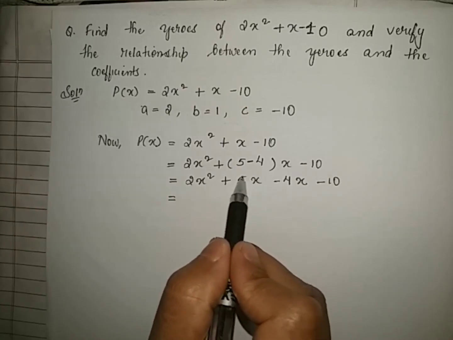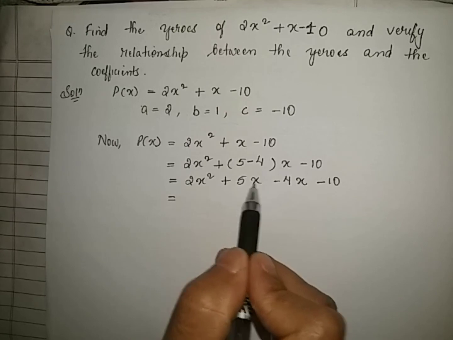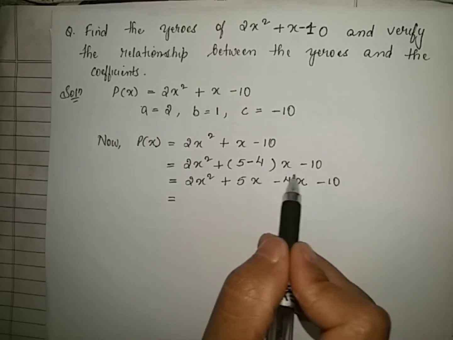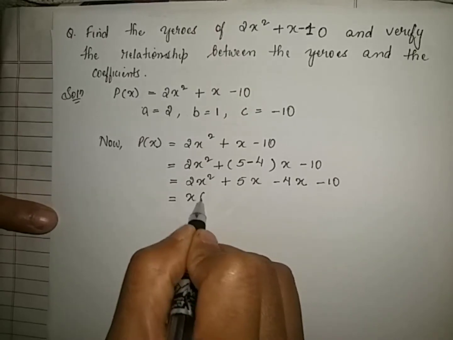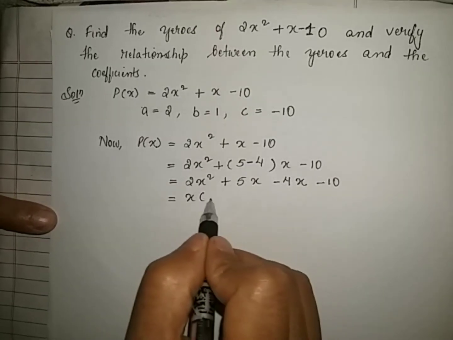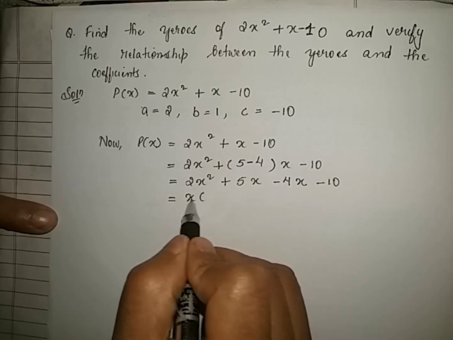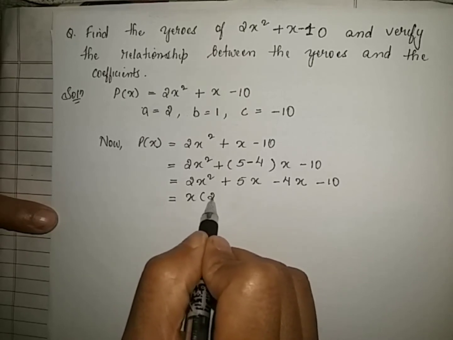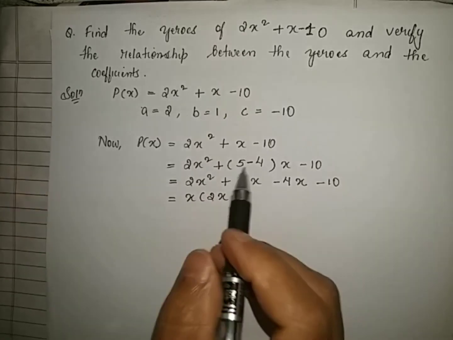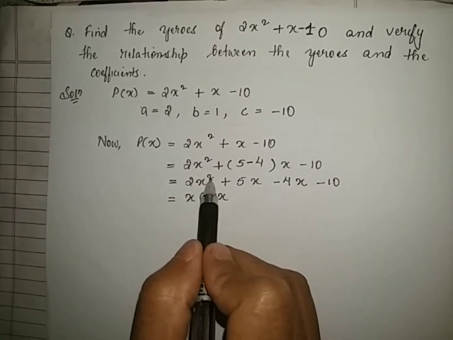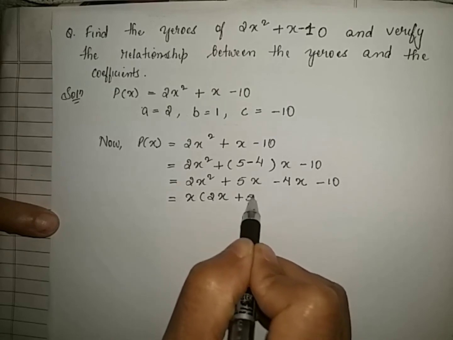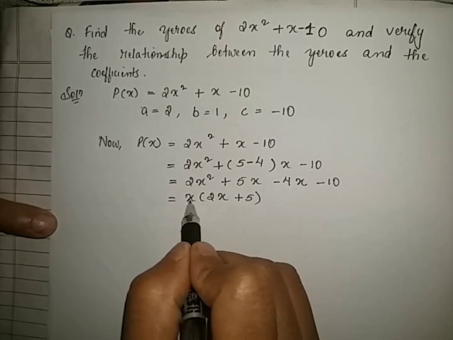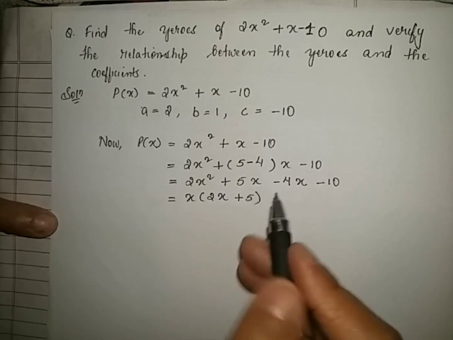We will take a common factor from these two terms and a common factor from these two terms. Let me take x in common from the first two terms. Then I have x into 2x, which makes 2x squared. Now x into plus 5 makes 5x.